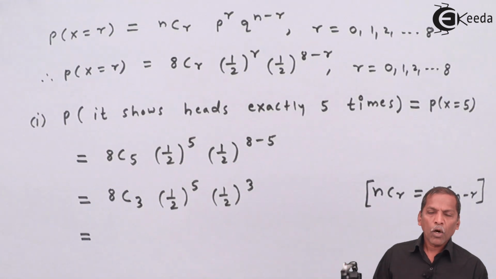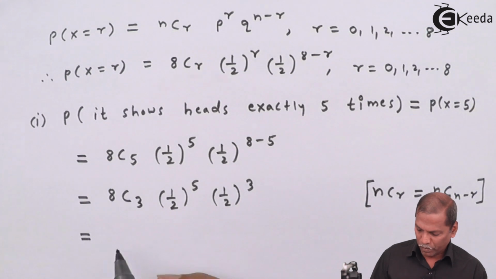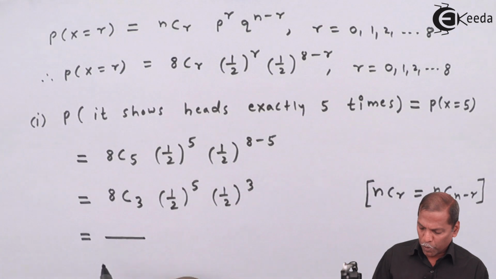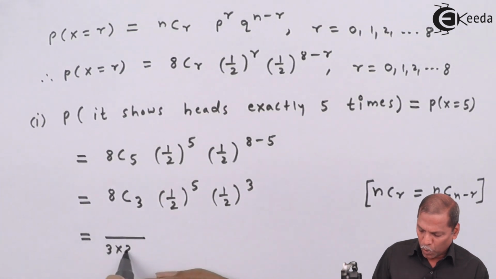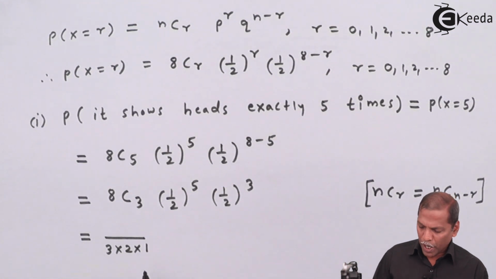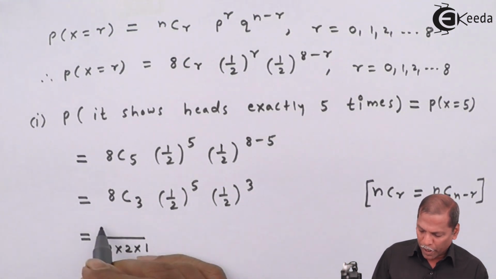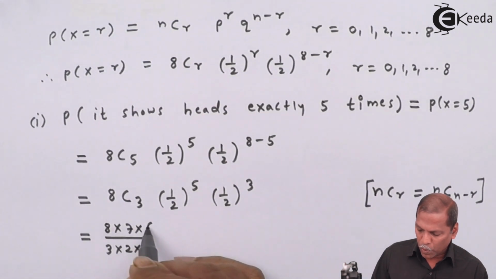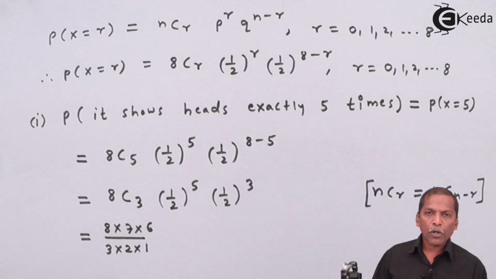Now to calculate 8C3, here we have to use a shortcut. The denominator number is 3, so we write 3 into 2 into 1, and similarly the upper number is 8, so we write 8 into 7 into 6, so that the numerator and denominator contain the same count of numbers.